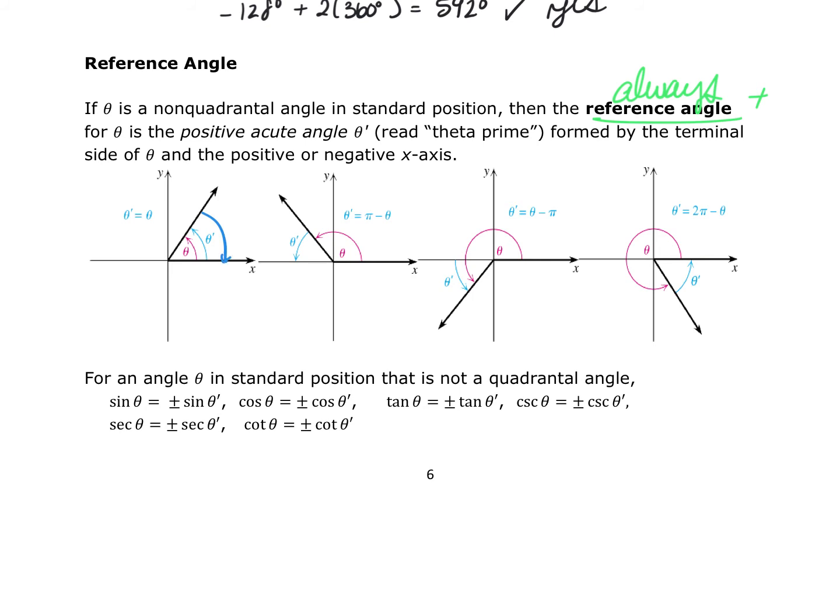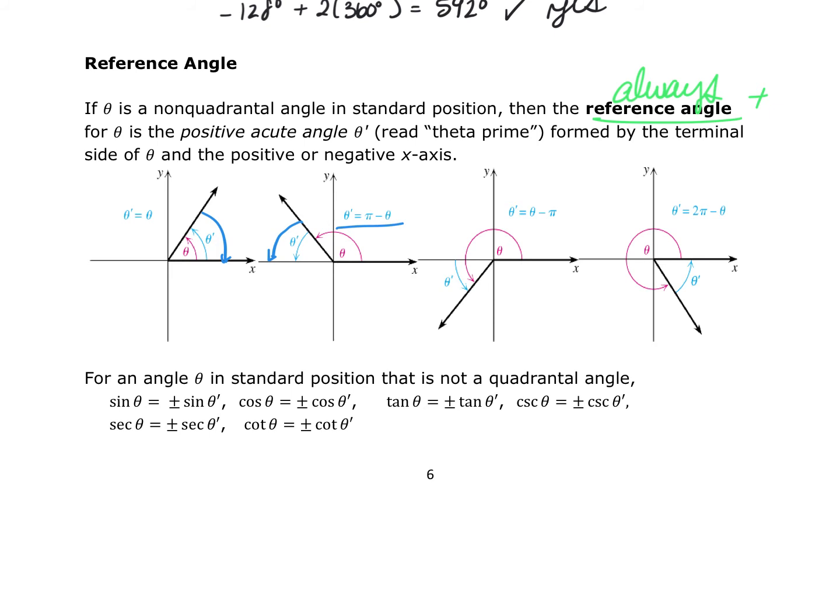Now, the shortest distance to the x-axis, it doesn't have to be positive or negative, it's just the x-axis, would be this distance if I'm in quadrant number 2. So I can find that by doing my reference angle as being 180 or pi minus the angle that I'm looking at.